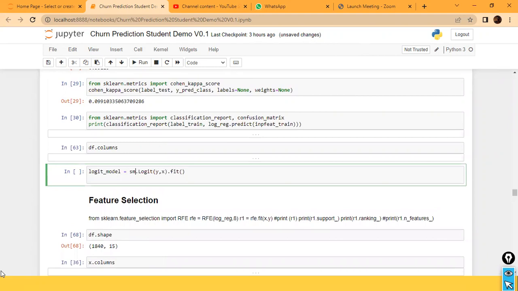This is slightly different from the sklearn logistic regression class, where you need to first specify the independent variable and then the dependent variable. Now you need to use fit. Okay, I did it. And then the next one is print logit model dot summary.